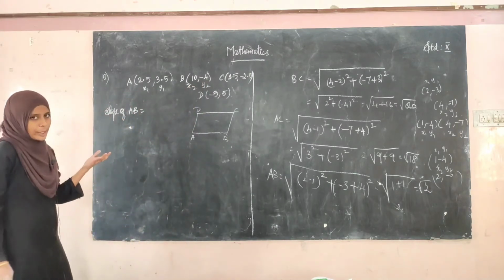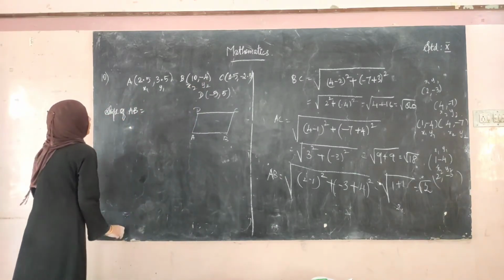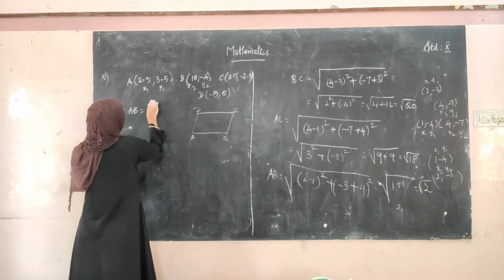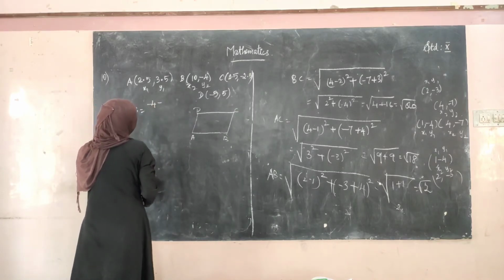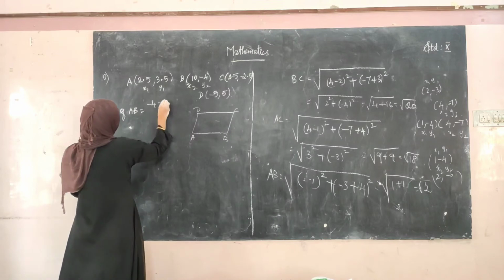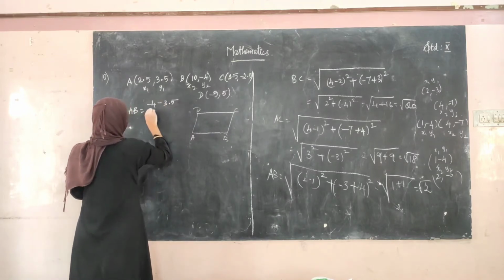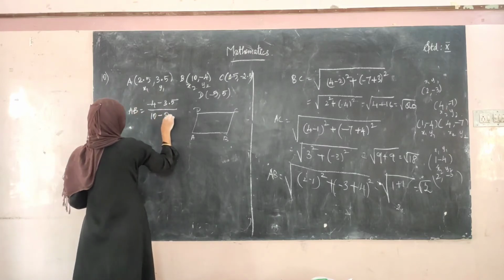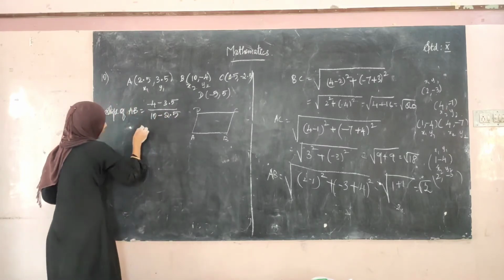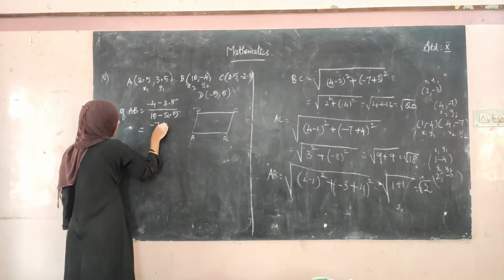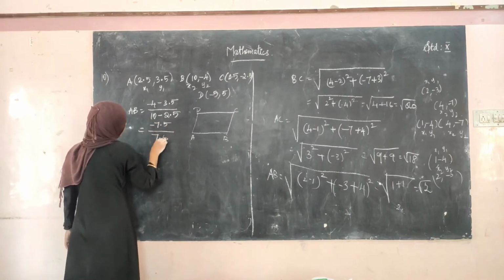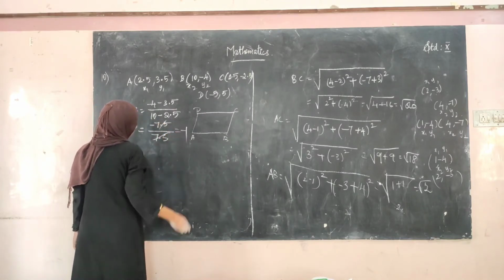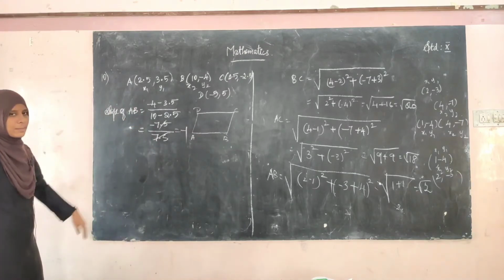Okay, the formula is y2 minus y1 divided by x2 minus x1. What is y2 here? Y2 is minus 4 minus of, what is y1 here? y1 is 3.5. Divided by x2 is 10. 10 minus of what is x1? It is 2.5. So it is equal to minus 7.5 divided by 7.5, which is equal to minus 1. Okay, slope of AB is minus 1.